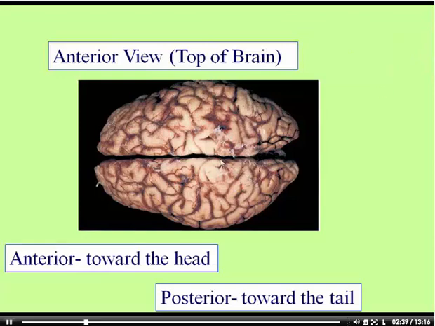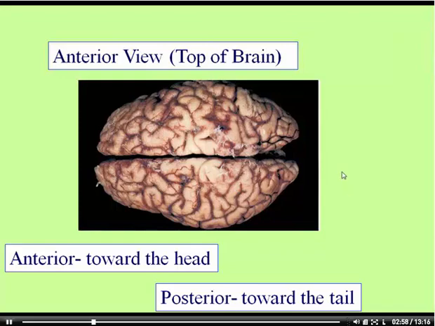But this is toward the head, but all of these terms were written for four-legged animals. So the way that you really have to think about it is you have to think of the human being on four legs to get the gist of it. So actually the anterior view would be kind of more like this area.